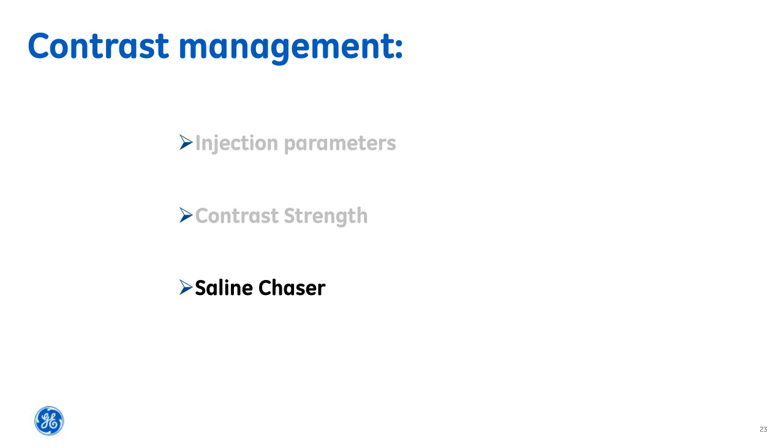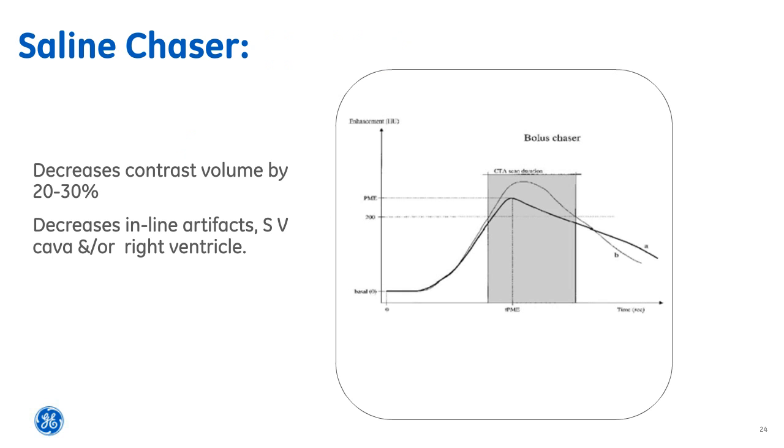So our saline chaser. If we follow our contrast injection by a saline chaser, we can actually decrease the volume of contrast that we're using, which is obviously far more beneficial for patients who have got renal impairment.